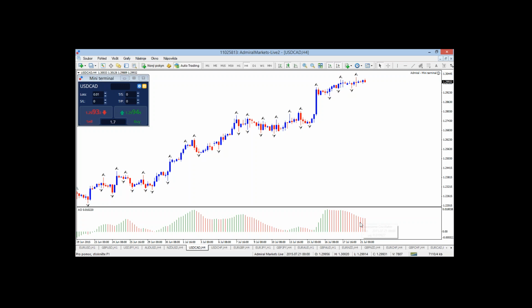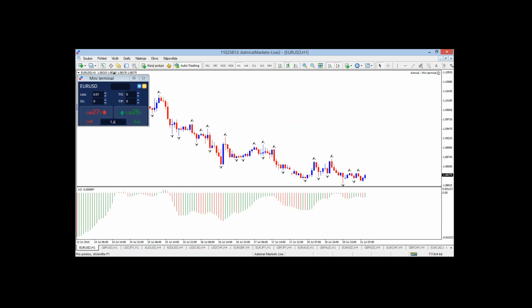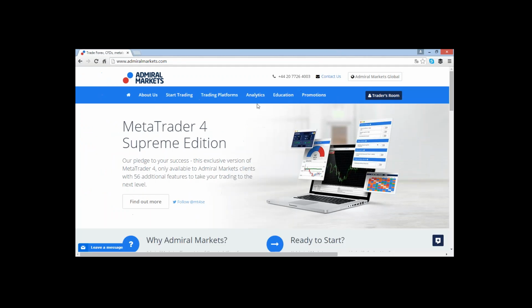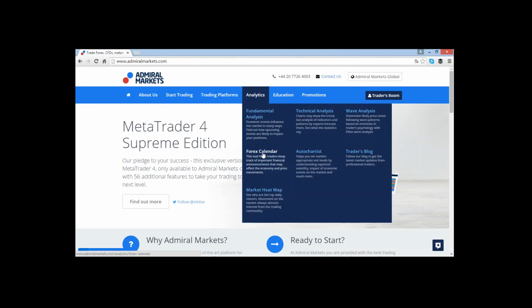Now, when looking at the euro dollar, oh, this is the dollar CAD. Let me move over to look at the euro dollar. But before we actually do that, let me get the Forex calendar.